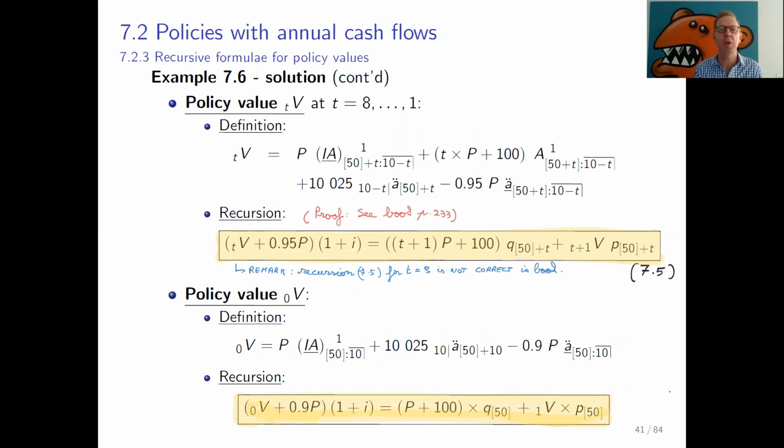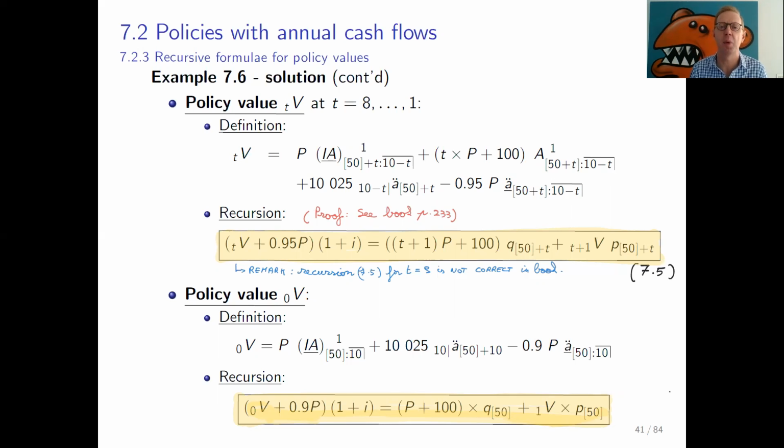Let us then have a look in a similar way at the policy values of this deferred annuity at the times t is 8, 7 until 1. We have a look at the definition of the policy value. Vt is the actuarial value of future death benefits, that is expressed here, plus the actuarial value of the future annuity payments, minus the actuarial value of the premium payments.